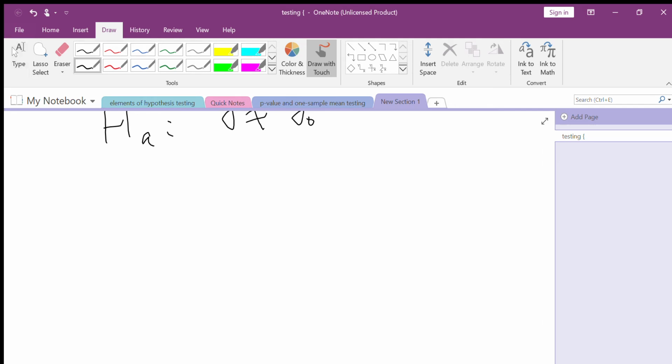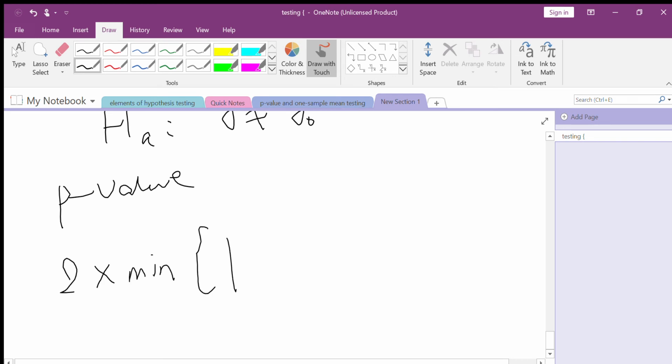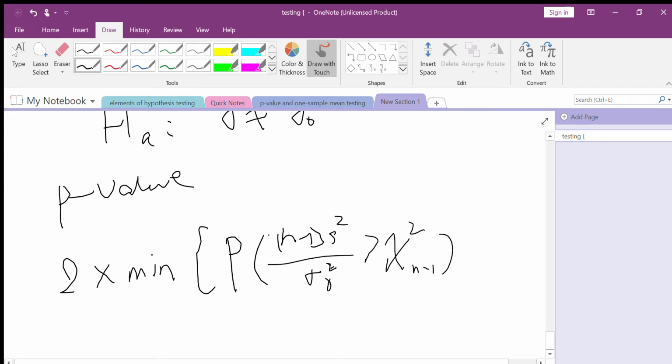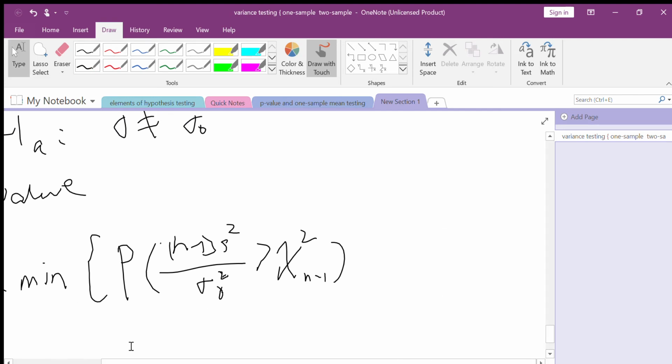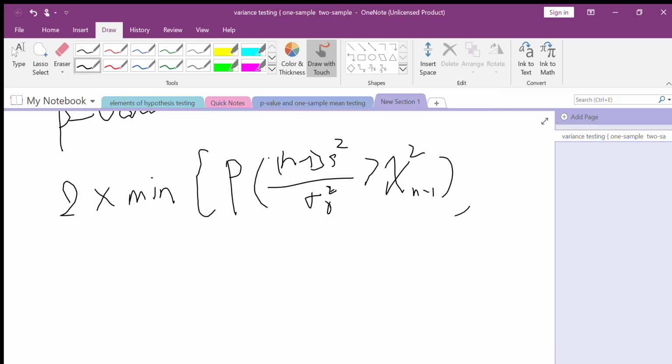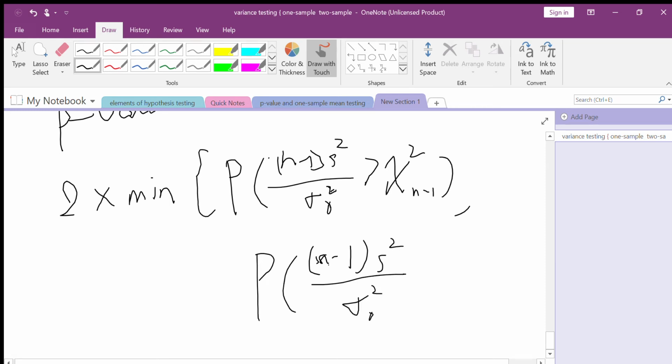So the p-value is 2 times the minimum of the probability that (n minus 1) small s squared divided by sigma 0 squared is greater than chi-square n minus 1, and the probability that (n minus 1) small s squared divided by sigma 0 squared is less than chi-square n minus 1.